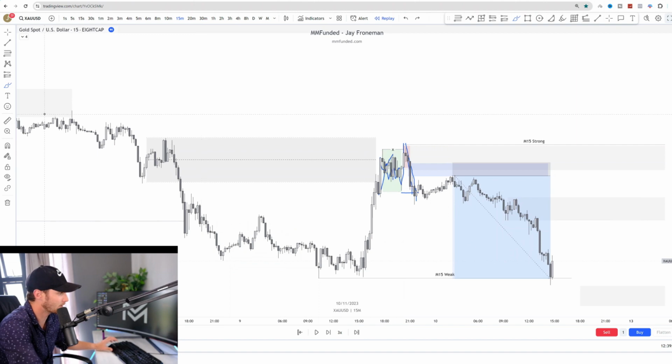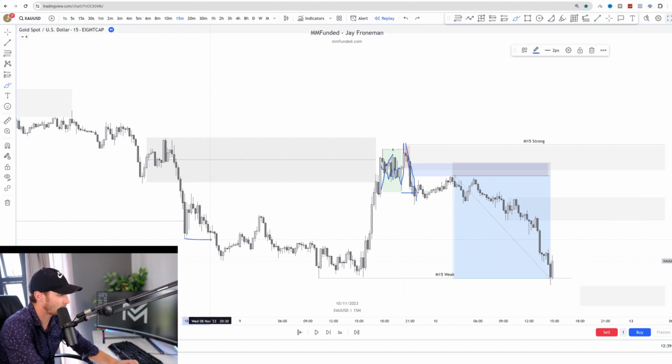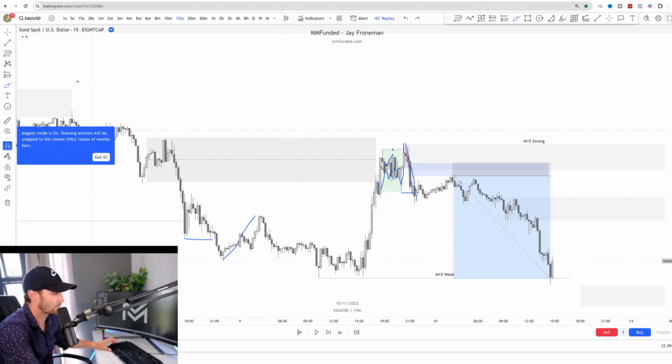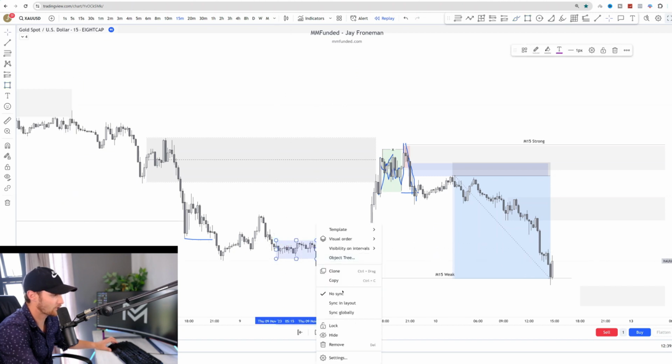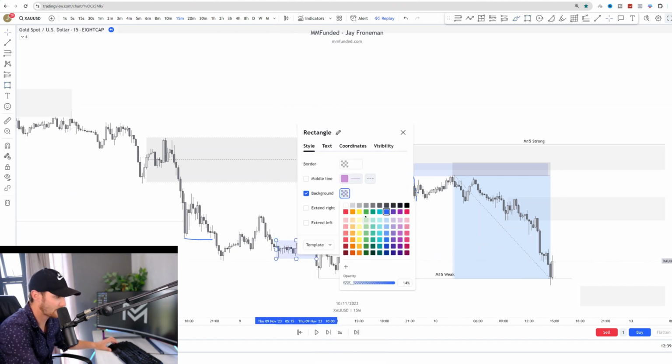Because we did indeed have the M15 break, M15 pullback, M15 strong high, M15 weak low. Okay, price ranged awfully in this M15 range, making this our valid accumulation. Let's just set that at green.